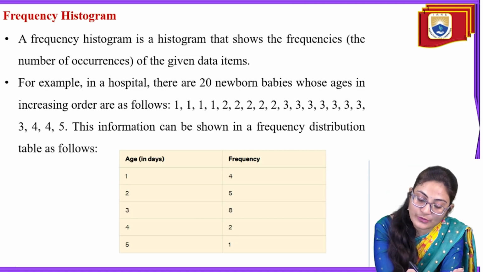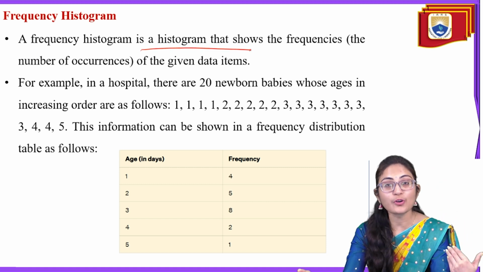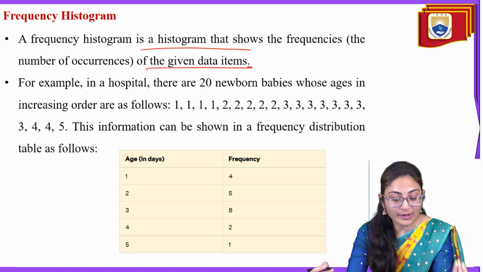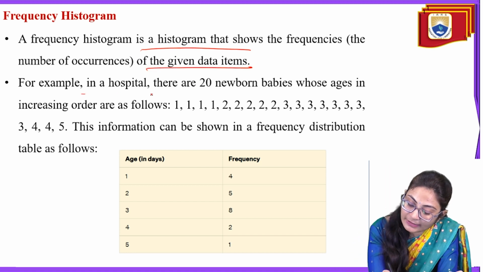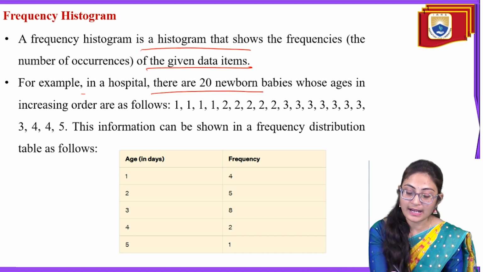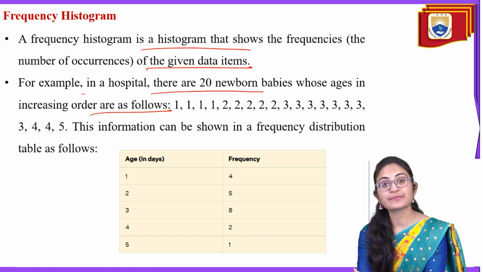The frequency histogram is a histogram that shows the frequencies, the number of occurrences of the given data items. For example, in a hospital, there are 20 newborn babies whose ages in increasing order are 1, 2, 3, 4 and 5.